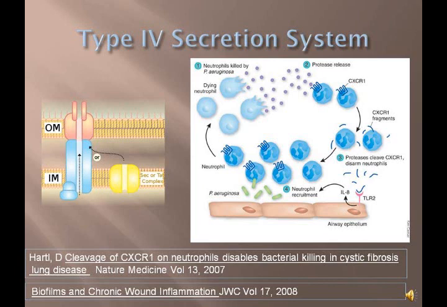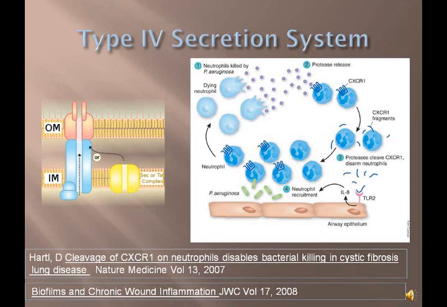But what's interesting is that the secreted molecules by the type 4 system cause the neutrophils to do two things. Number one, it shuts down the reactive oxygen species mechanism, so they can't really attack the biofilm. Second thing is it knocks out the CXCR1 receptor, so chemotaxis goes away. Basically, the neutrophils could no longer migrate.